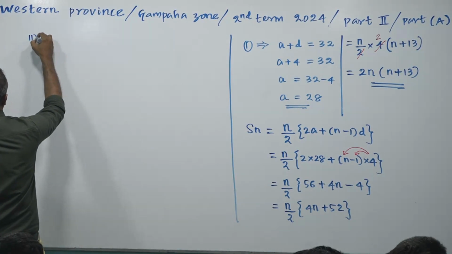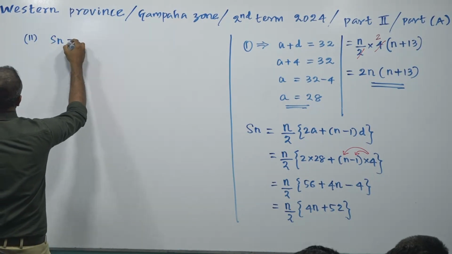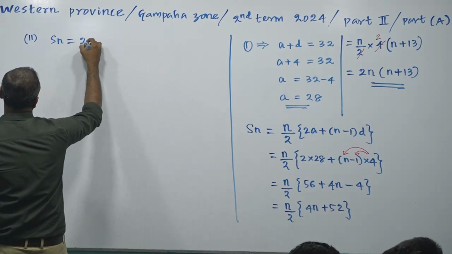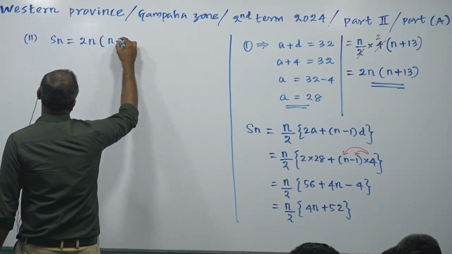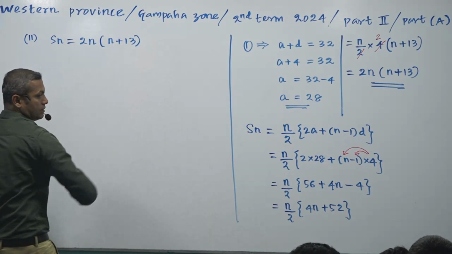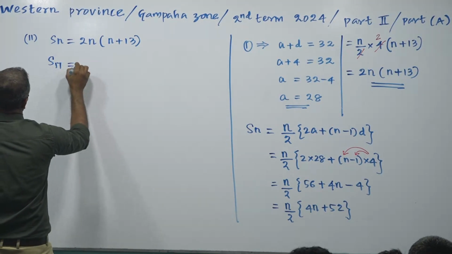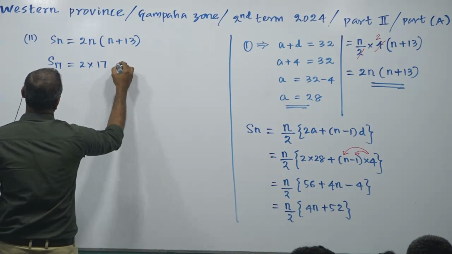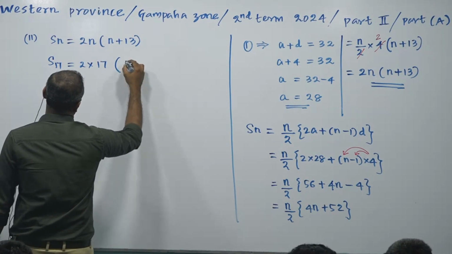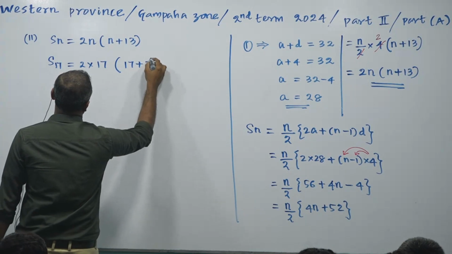So Sn equals, we know the result is 2n times n plus 13. If n equals 17, S17 is equal to 2 into 17 times 17 plus 13.